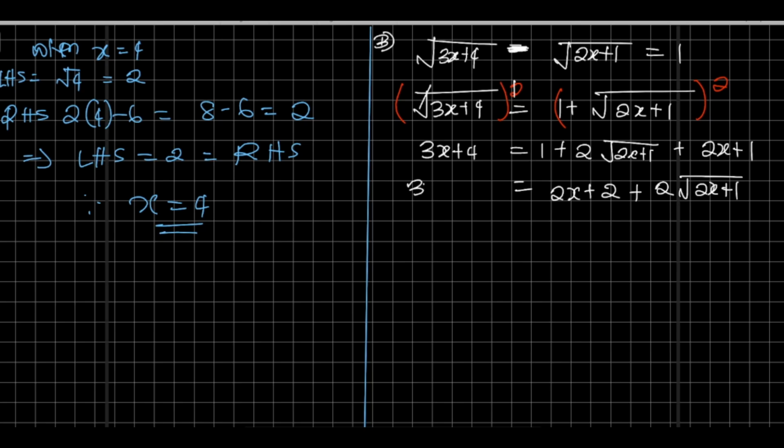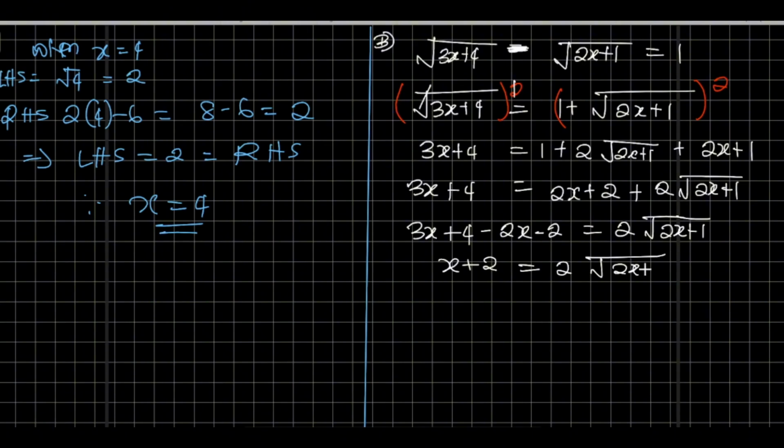So 3x plus 4, move 2x plus 2 over to this side, equals 2 brackets square root of 2x plus 1. So 3x minus 2x gives us x, 4 minus 2 gives us 2, equals 2 brackets square root of 2x plus 1.